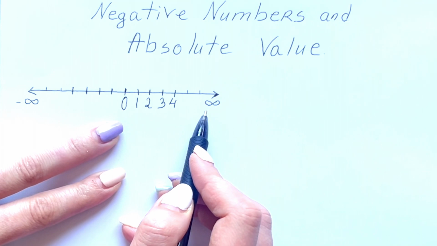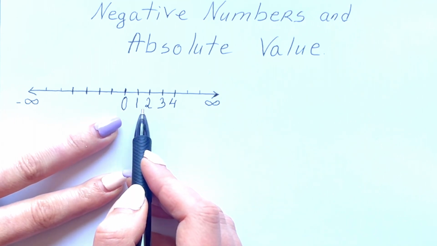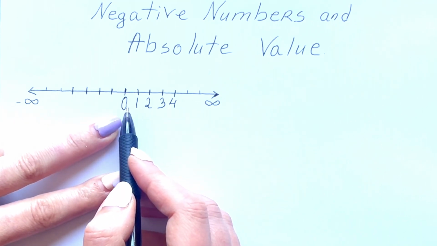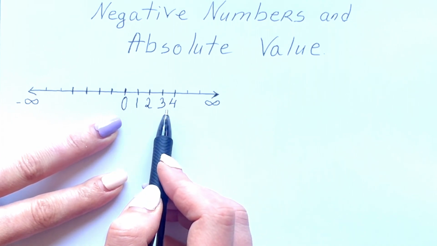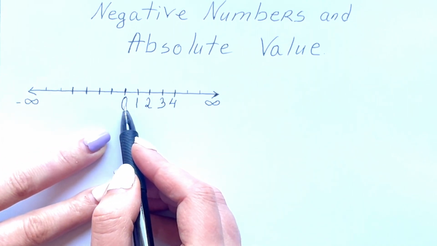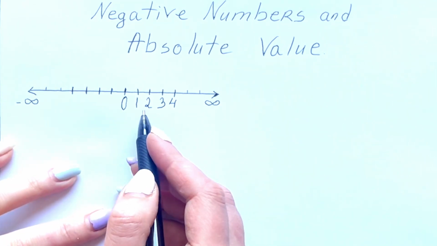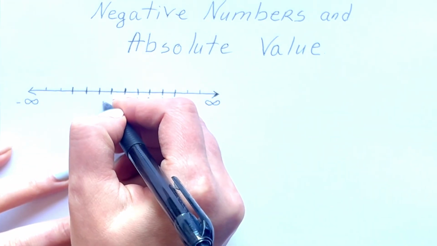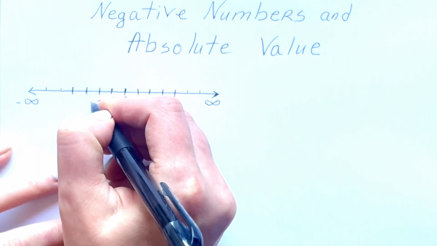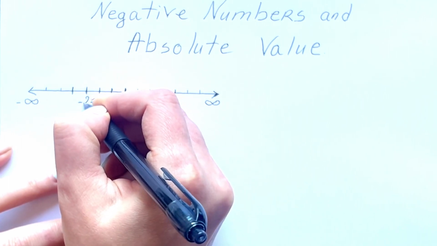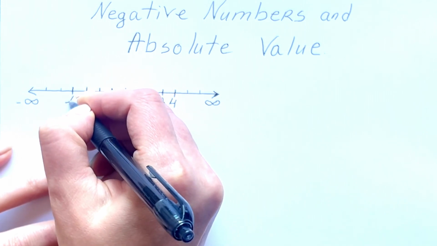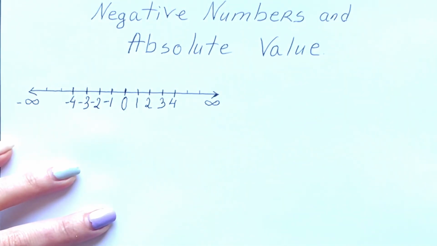Okay, but the number line doesn't end with only the positive numbers that are on the right side of the zero. There are numbers that are on the left side of the zero, and they're called negative numbers. Negative 1, negative 2, negative 3, negative 4, until negative infinity.